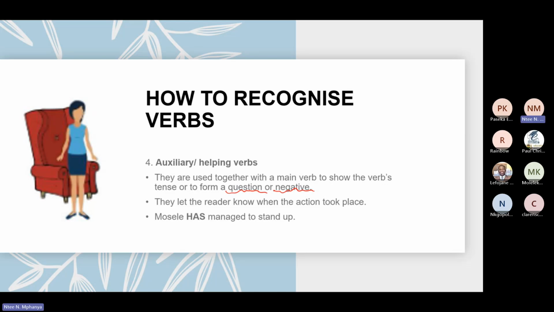And lastly, please remember, once you are asked to rewrite a sentence in negative form, once you have an auxiliary verb, all you have to do is add not next to it, and then that sentence will be in a negative form.